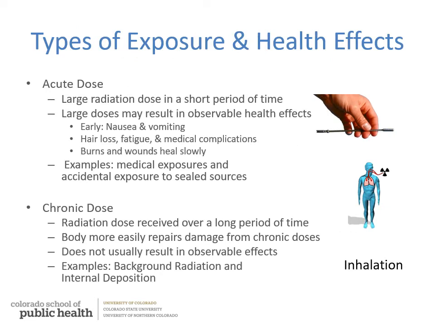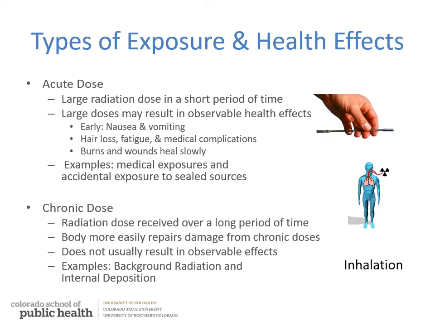There are both exposures and health effects associated with all radiation, and similar to what we discussed in the tox lecture, we have both acute and chronic doses. Large doses, or acute doses, of radiation over a short period of time may result in observable health effects. Nausea and vomiting are usually one of the first things you see, but then eventually things like hair loss, fatigue, and medical complications.